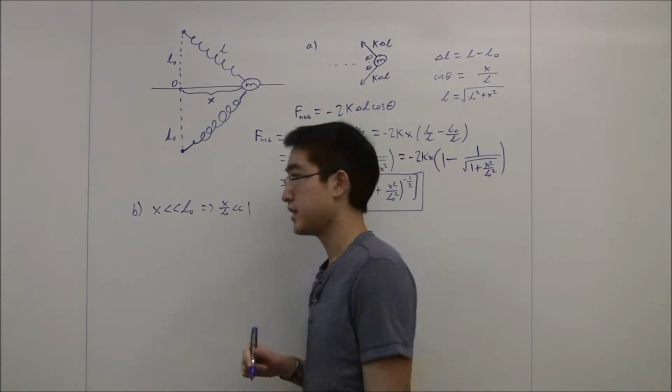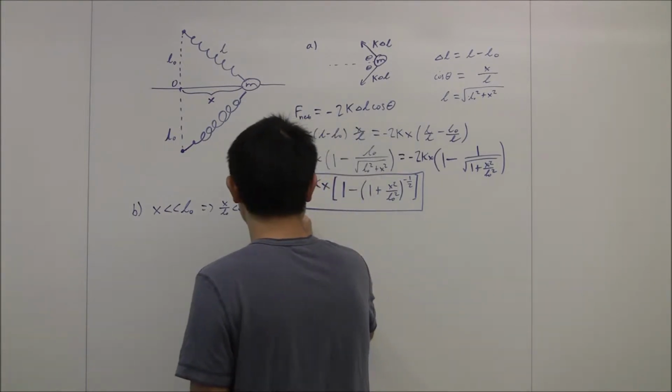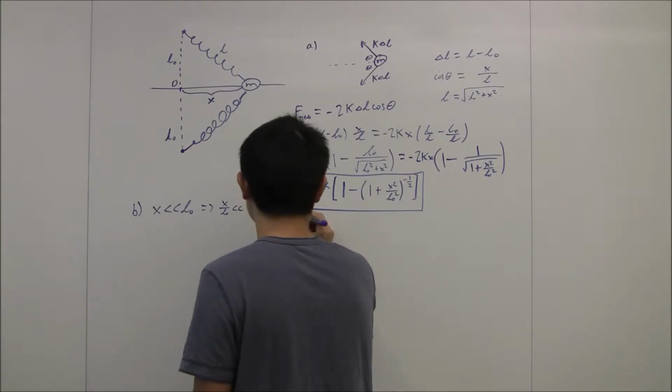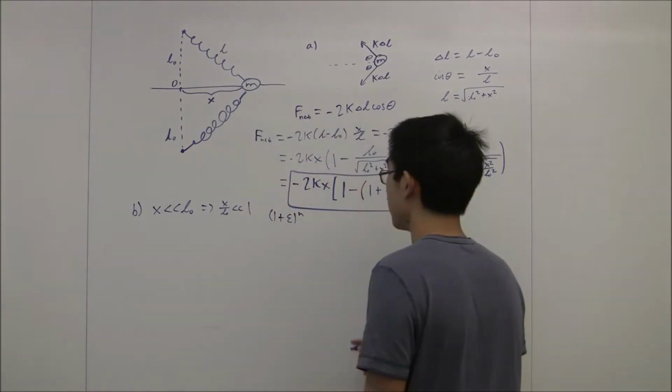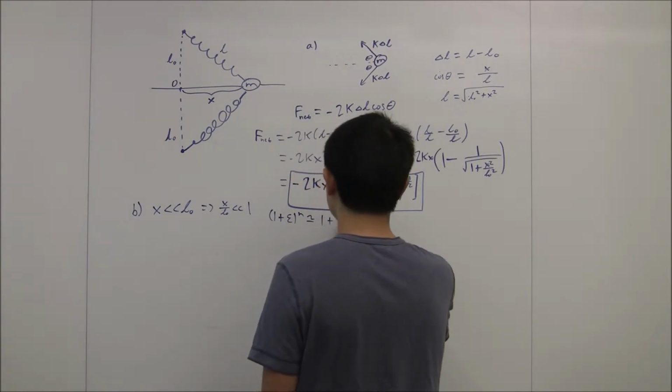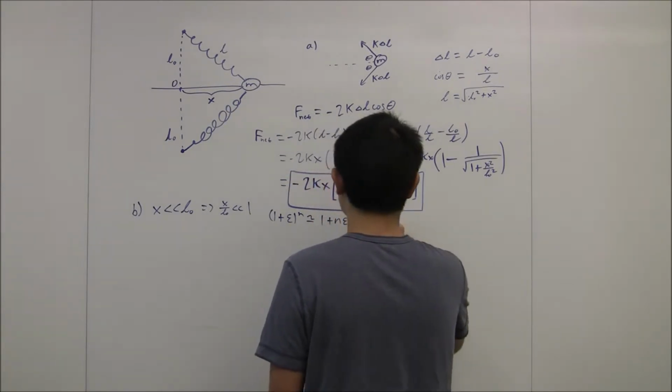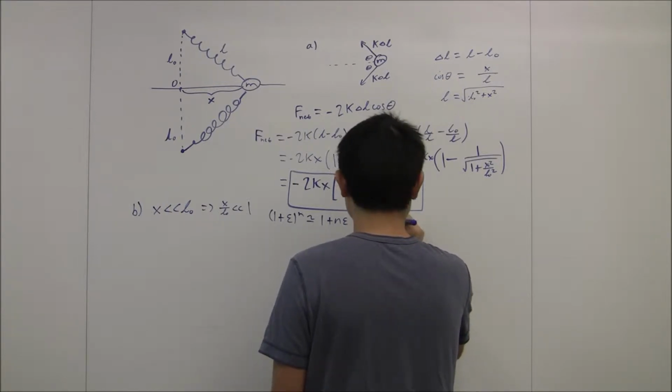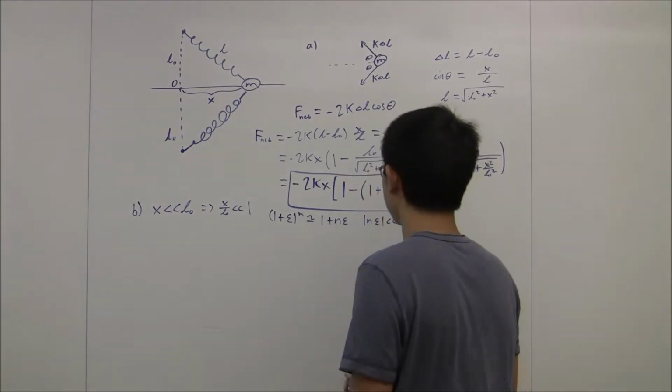So recall that for 1 plus epsilon all to the n, that is going to be approximately equal to 1 plus n epsilon for n times epsilon much, much less than 1.